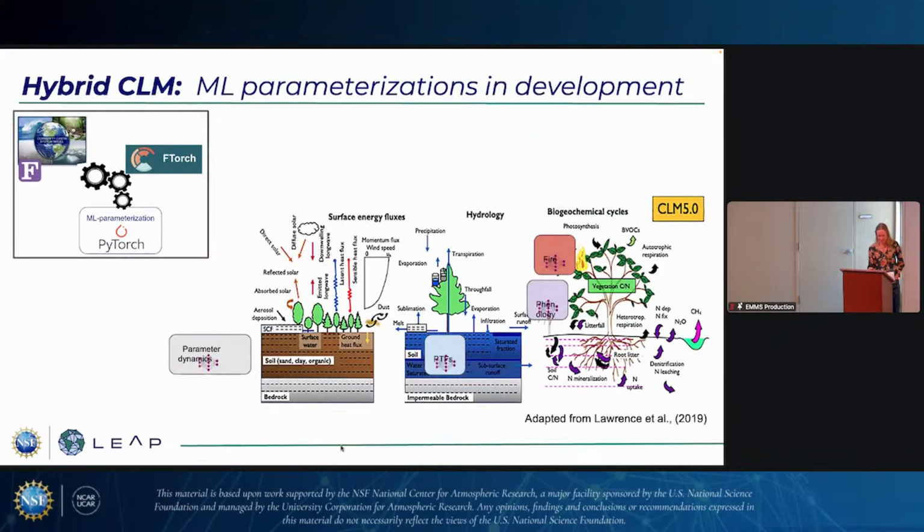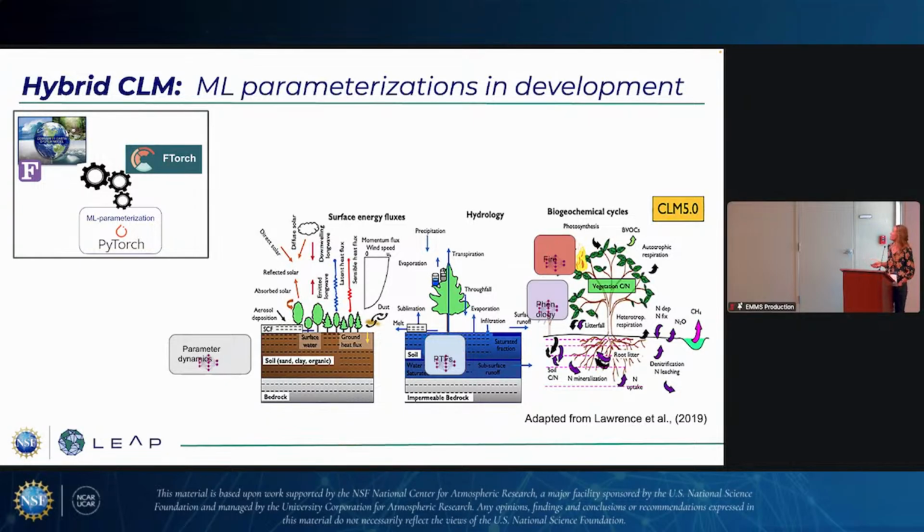And then lastly, I just wanted to take this time with the community to have a public service announcement that we now have these tools, FTorch, to bridge machine learning parameterizations and bring those into CLM. And we'll hear some more discussion of that from Aya. There are a few different parameterizations that are in development right now.